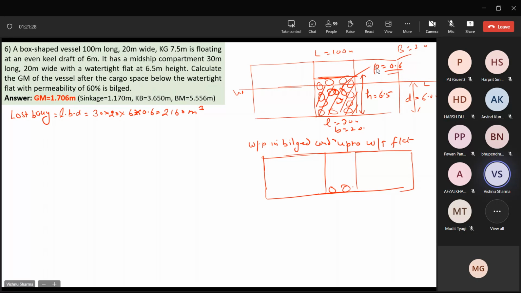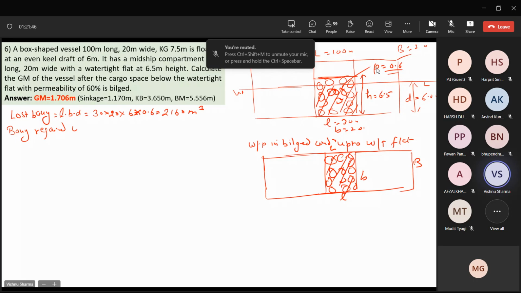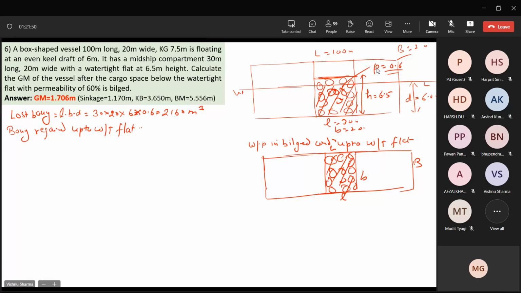And up to the watertight flat, the water plane would be lost. You can put the dimensions L, B, and permeability. Okay. So next line, buoyancy regained up to watertight flat will be equal to intact water plane.